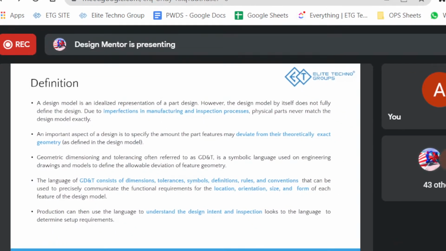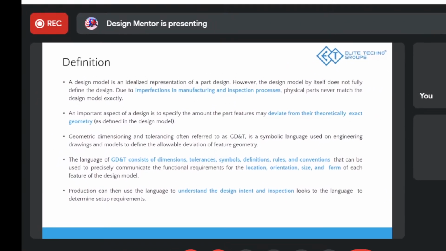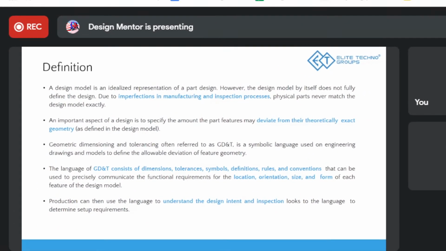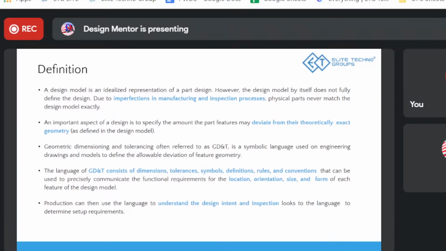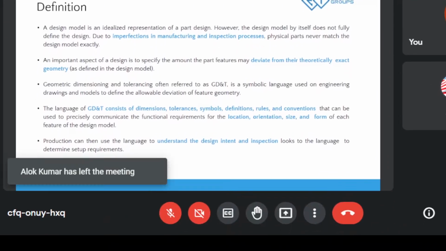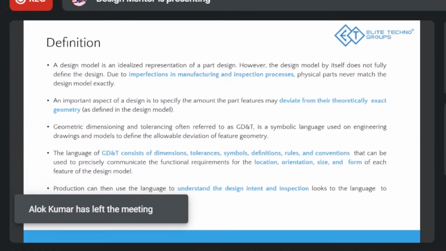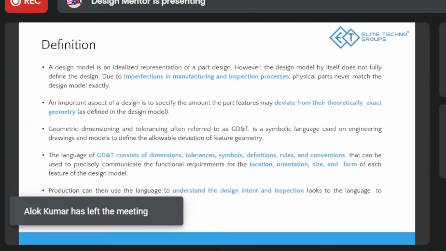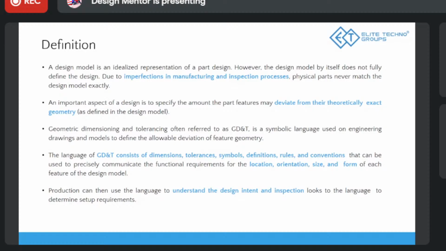You might have seen in engineering drawings, everyone here might have gone through the subject called engineering drawing, right? So in that subject, we usually draw a view of some particular component, side view or top view or front view, and we give dimensions.